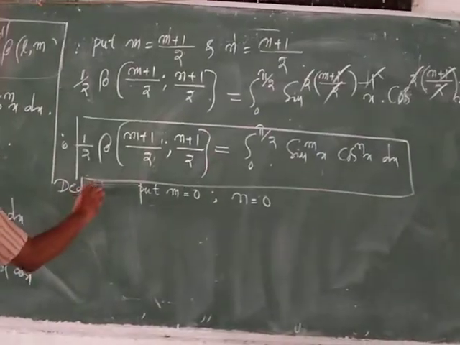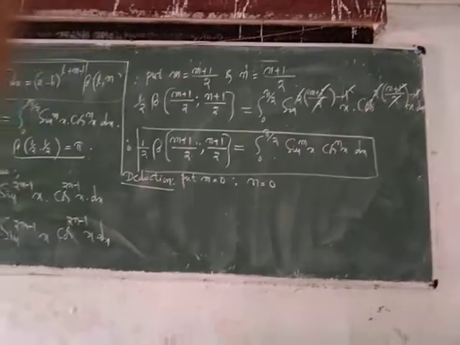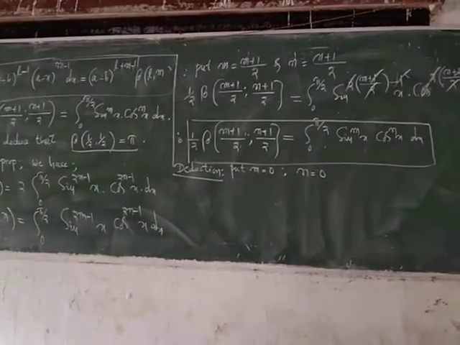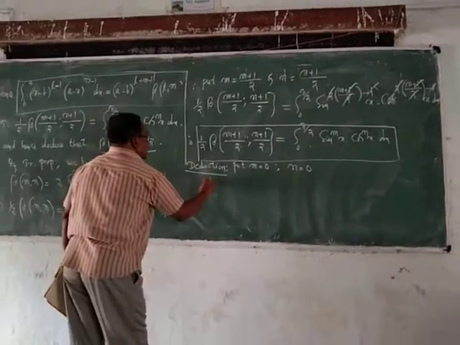You write it as just deduction. For the deduction, you make use of this substitution. Put m is equal to 0 and n is equal to 0 in the above result. What happens?